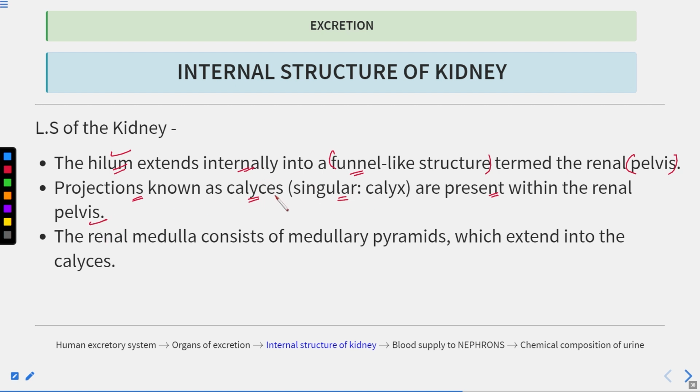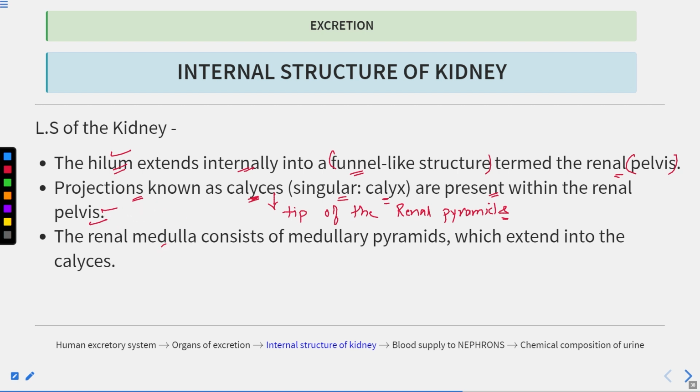And what are these? They are the tips of the renal pyramids. Renal pyramids, I've already shown you, are present in the medulla. The tips of the renal pyramids are known as the calyces or calyx, and these are present in the pelvis region.